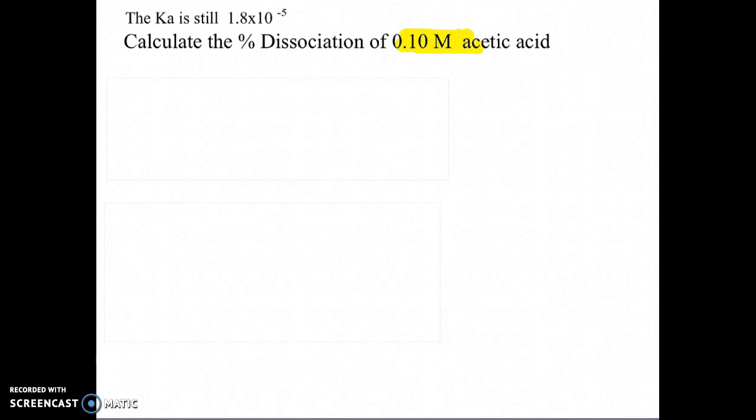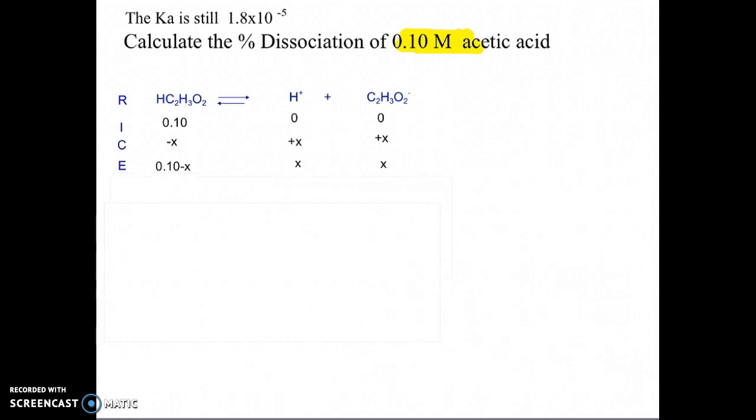So when I do this rice table, now notice my concentration is 0.10, and 0 for the initial concentrations of the products. Then I look at the change, again, the minus x and the plus x, and at equilibrium, the 0.1 minus x and x times x. So that rice table changed just slightly because the concentrations changed.